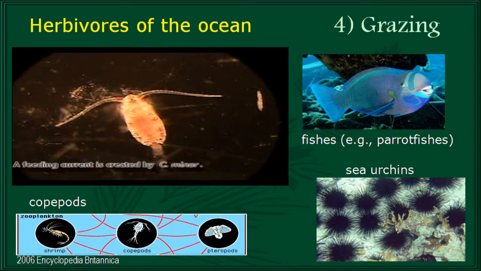Yes, because its mouth and its teeth actually look like a parrot's, where the teeth are fused, and they use that in order to scrape the algae on the surface of the rock or other types of substrate. Another type of organism that's important in grazing macroalgae are your sea urchins, as you can see here, where they tend to gather in certain numbers in parts of the reef.